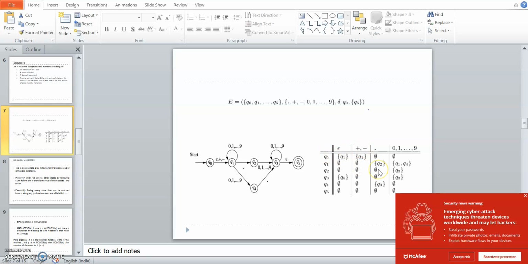Likewise, we will complete the matrix. Now we will see the complete epsilon NFA.